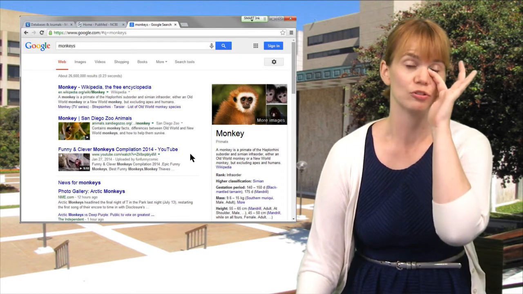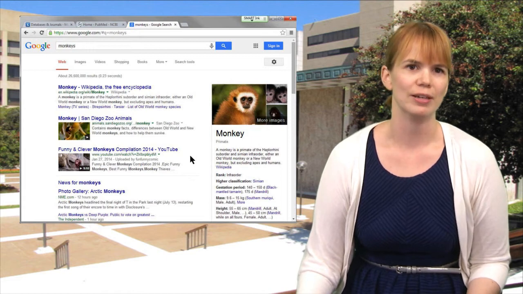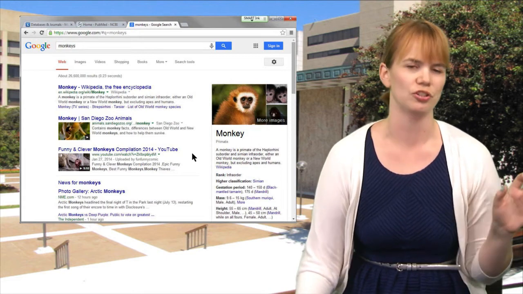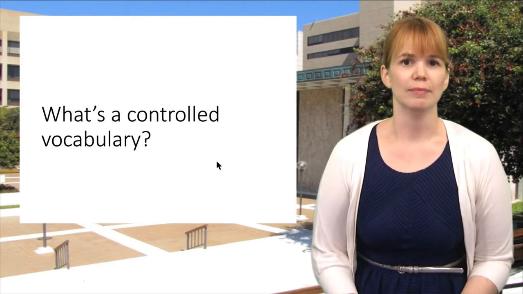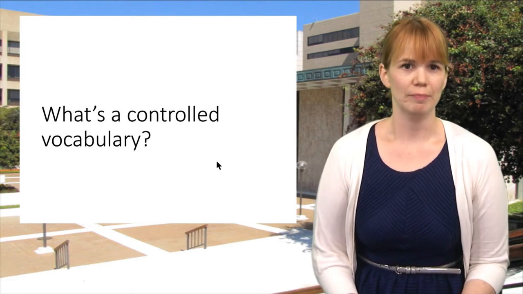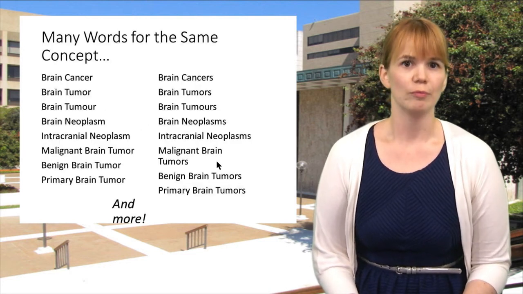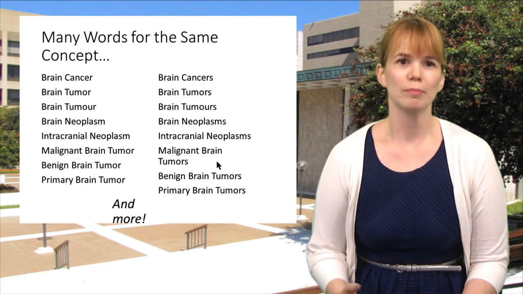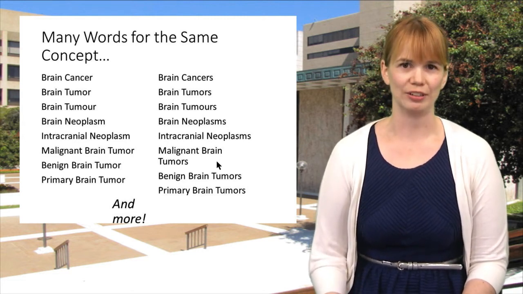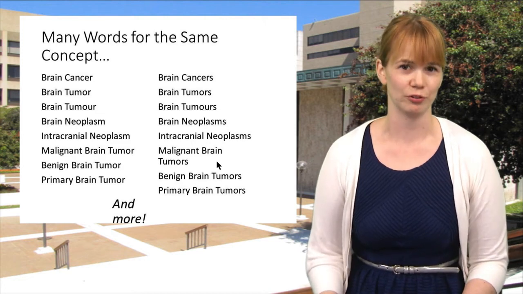If Google had a controlled vocabulary like MeSH in PubMed, it would also allow me to search keyword, but also to search the concept. The other way it's helpful specifically in medical science and in PubMed is that we use a lot of different terms for the same thing. One example that comes to mind is something like brain cancer. We can say brain tumor, brain neoplasm, intracranial neoplasm, and we can also just pluralize all these words, or we could have the British spelling for these words.